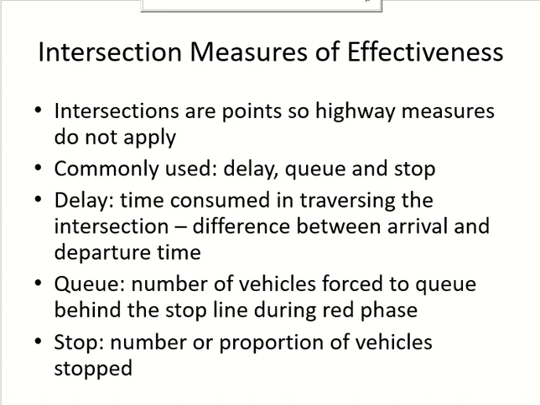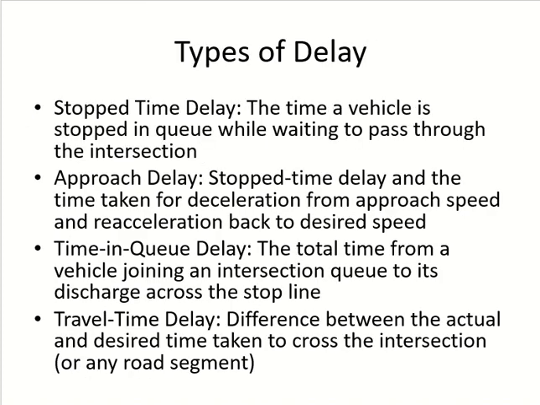So these are all different measures which tell you about the performance of the intersection. Among them, the most common measure of effectiveness for intersections is delay. We have discussed it earlier as well in the travel time topic.